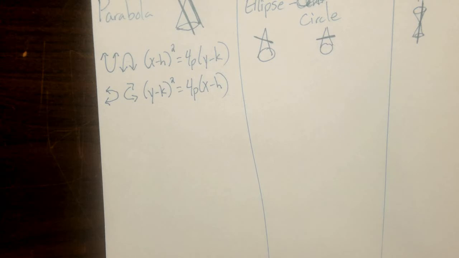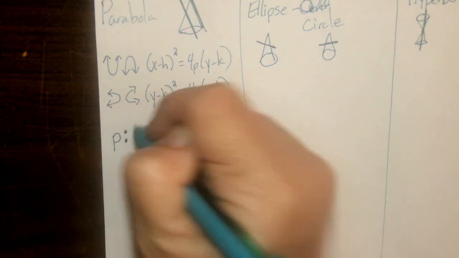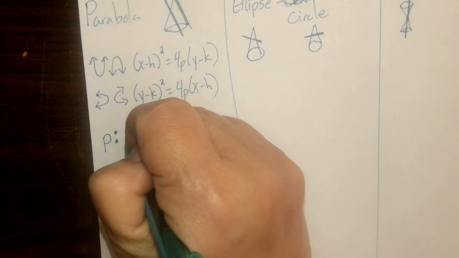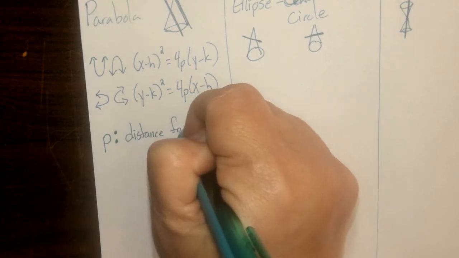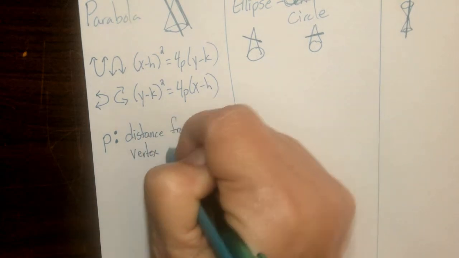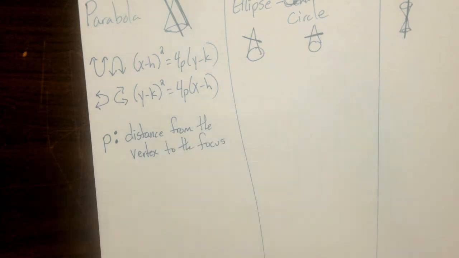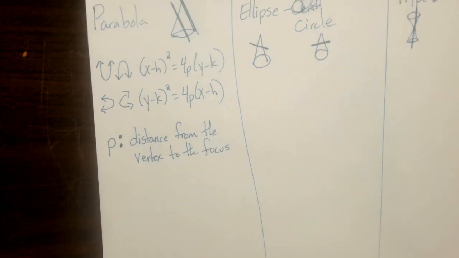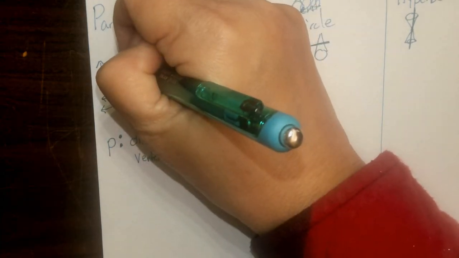But we get this letter p. And so p, sometimes people forget what the p represents. So p is the distance from the vertex to the focus. So for example, right here is my vertex.